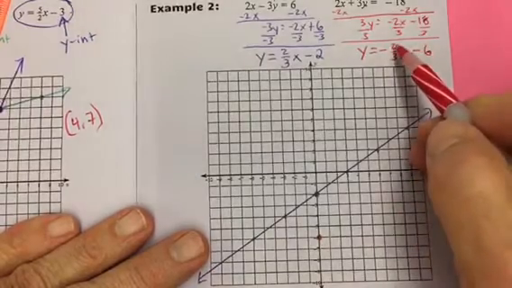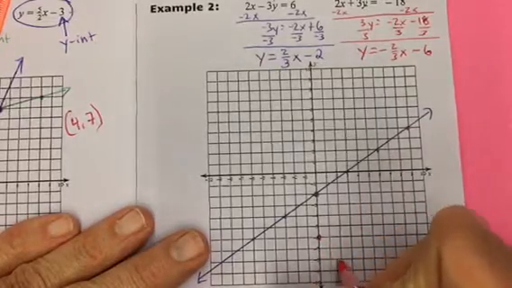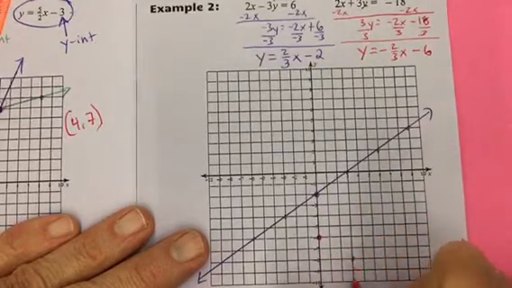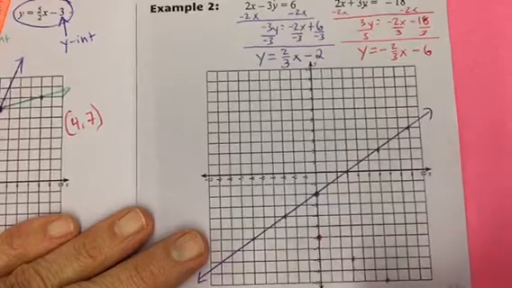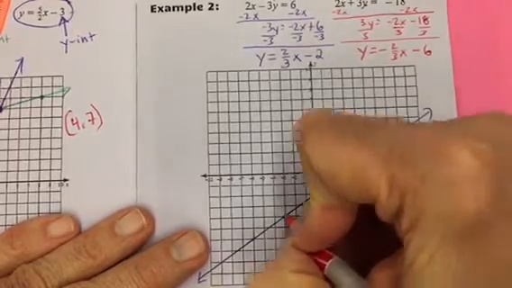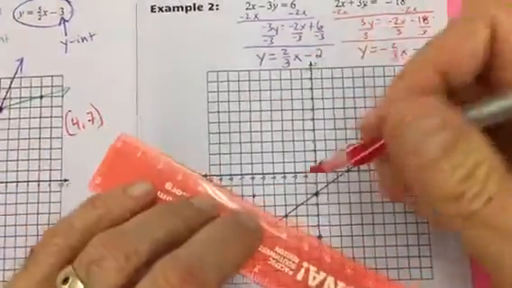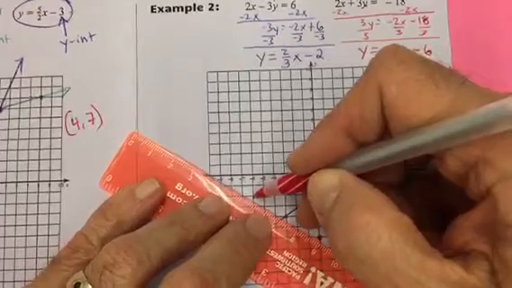I could go down 2 over 3, down 2 over 3, down 2 over 3. Or I can go up 2, backwards 3. Got it right there. I need my answer. That's it.